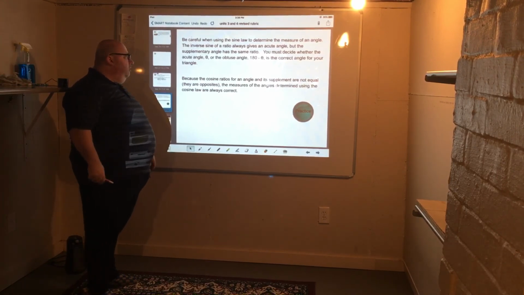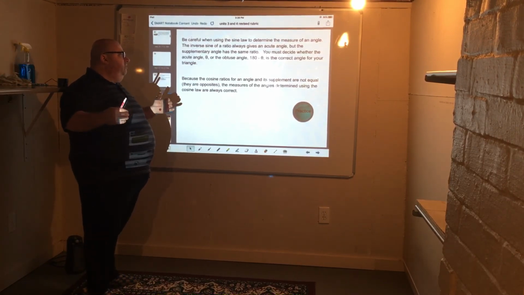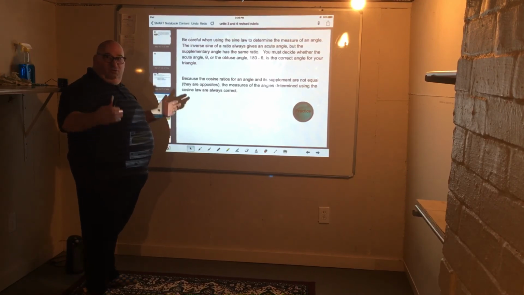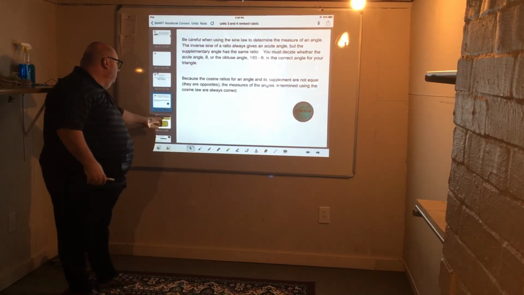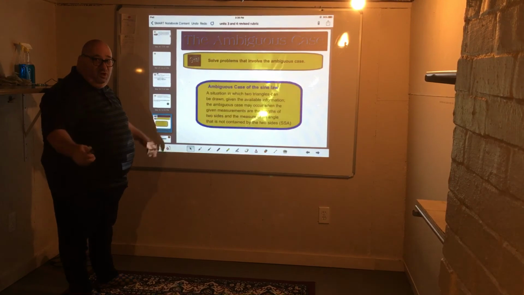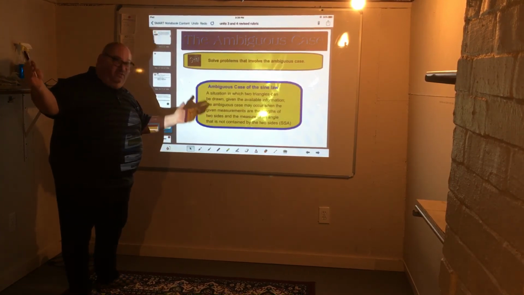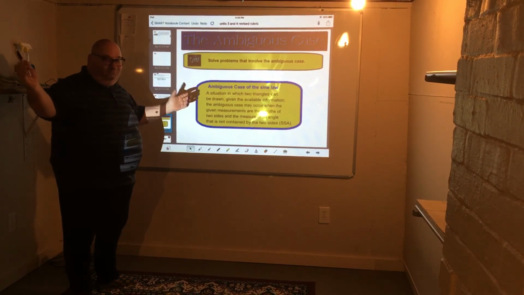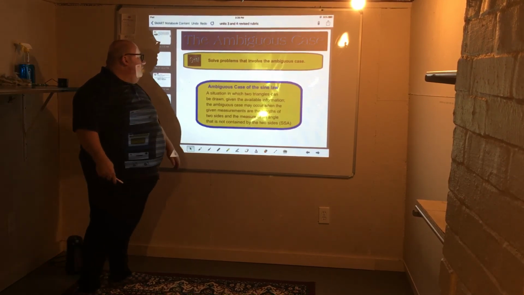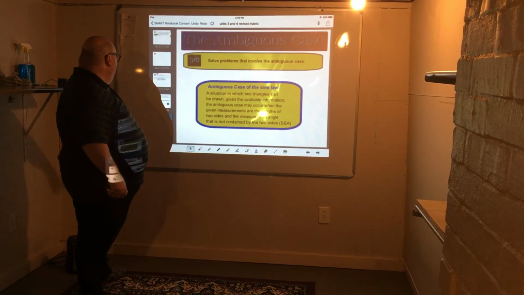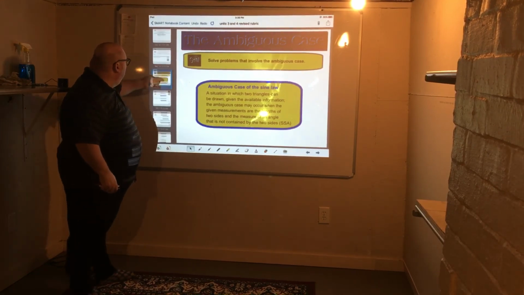With cosine law, you do not have to find its supplement because they're not equal, they're opposites. So, if you use the law of cos, you only have to solve one triangle. Use the law of sines, you probably have two triangles. Okay? Ambiguous case.